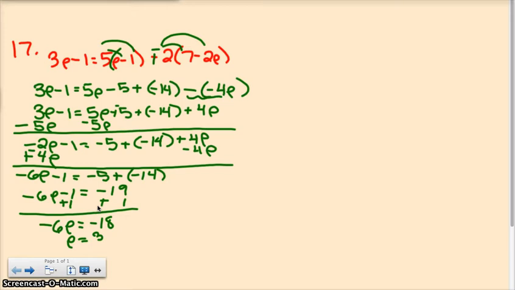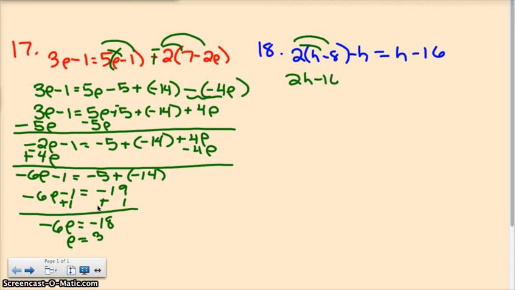That is a hard math problem. 18, we have 2 times h minus 8 minus h equals h minus 16. Distribute. 2h minus 16 minus h equals h minus 16. 2h plus a negative h, I'm at an h.